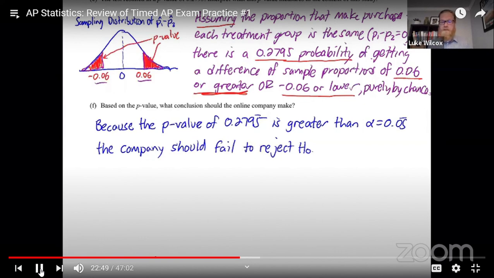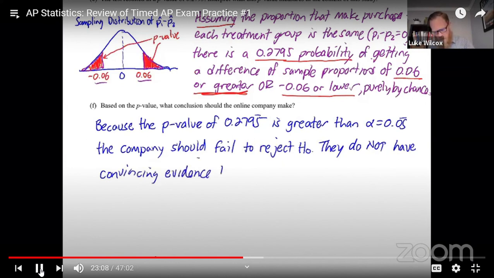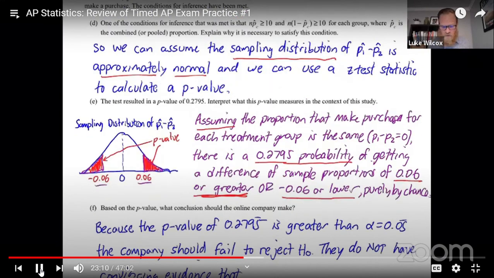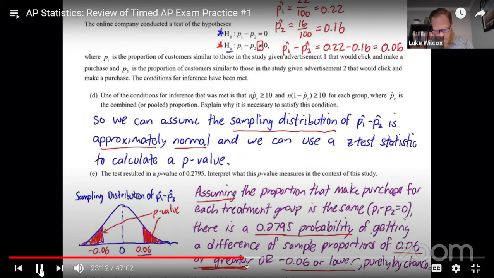Now, the next sentence here, we need to say whether or not we have convincing evidence for the alternative in the context of the problem. So we're going to say they do not have convincing evidence of the alternative. Now, the alternative right here says that there is, in fact, a difference between the two proportions.